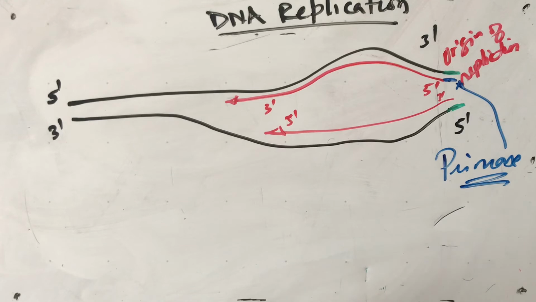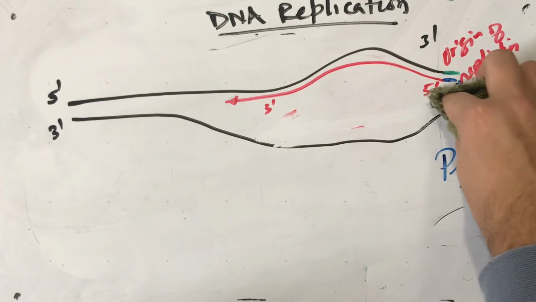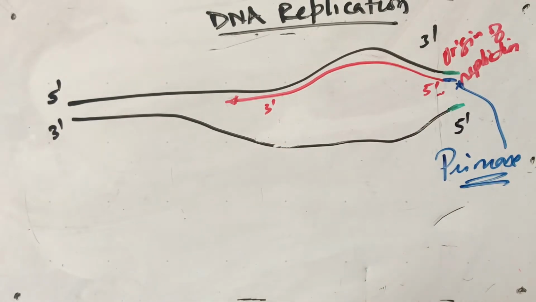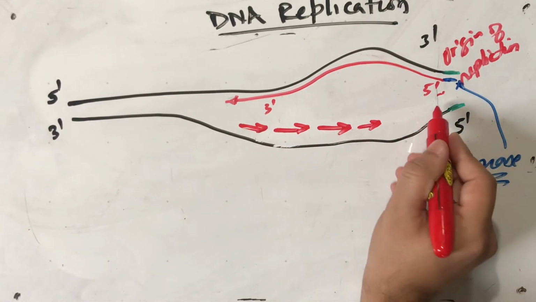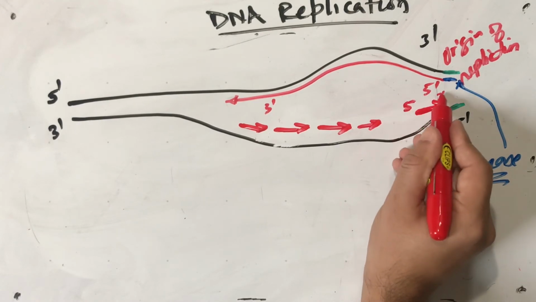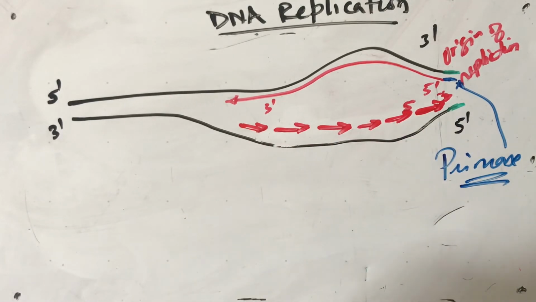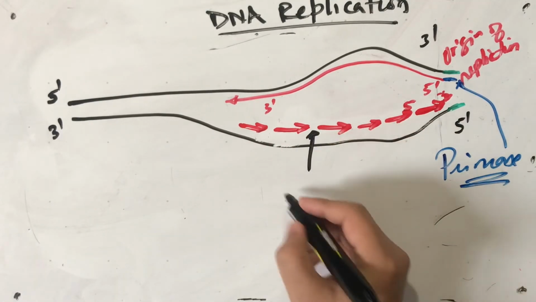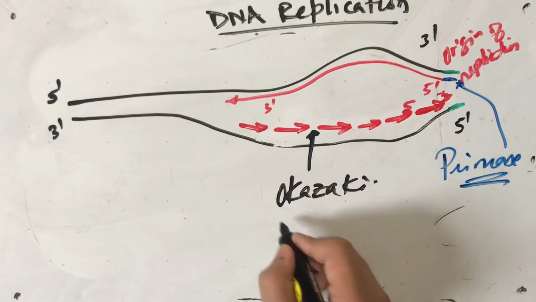That's not right. It always has to run from 5 prime to 3 prime direction when making a new strand. So technically we start from here like that. So this is your 5 prime, that's your 3 prime, again like that. So step by step, fragment by fragment, and then these fragments are called Okazaki fragments.